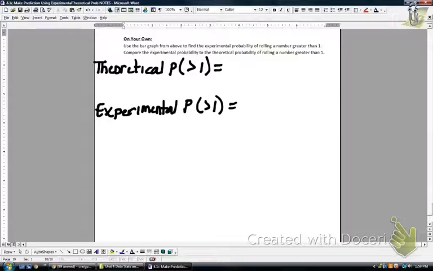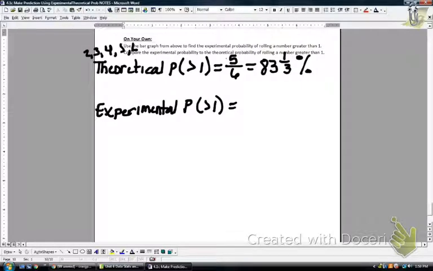Alright, the on your own says use the bar graph from above to find the experimental probability of rolling a number cube greater than 1. Compare the experimental probability to the theoretical probability of rolling a number greater than 1. So the theoretical probability greater than 1 would be 5 out of 6, because you would have 2, 3, 4, 5, and 6. So you have 1, 2, 3, 4, 5 out of 6 numbers. And when you calculate that, 5 divided by 6 is 83 and 1/3%.